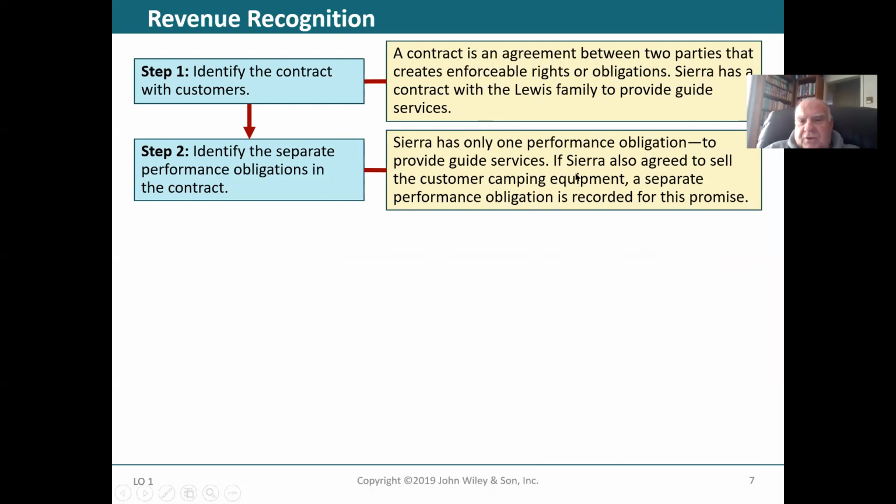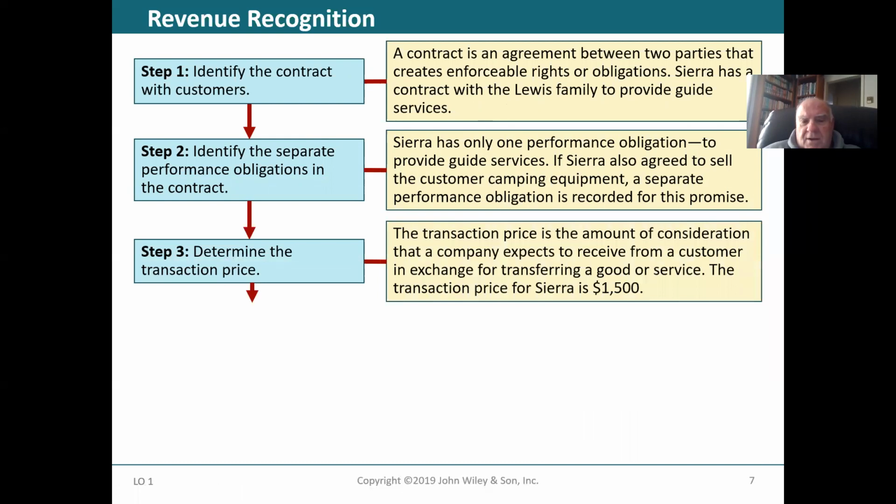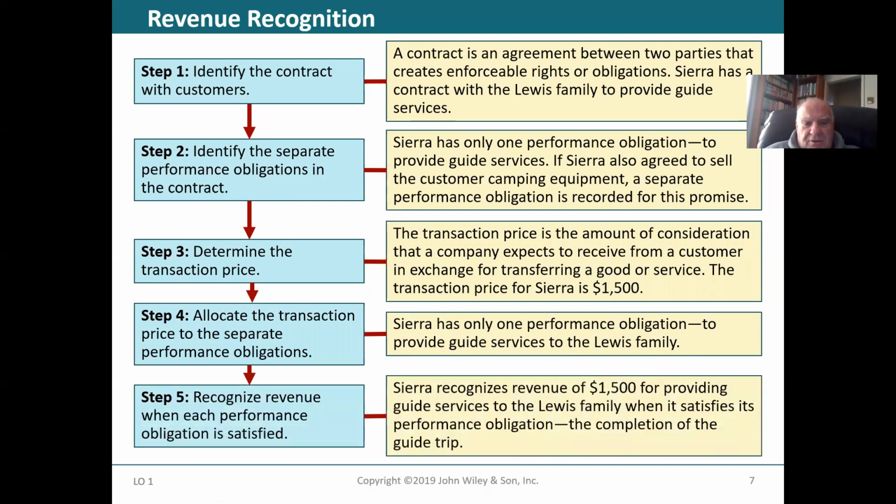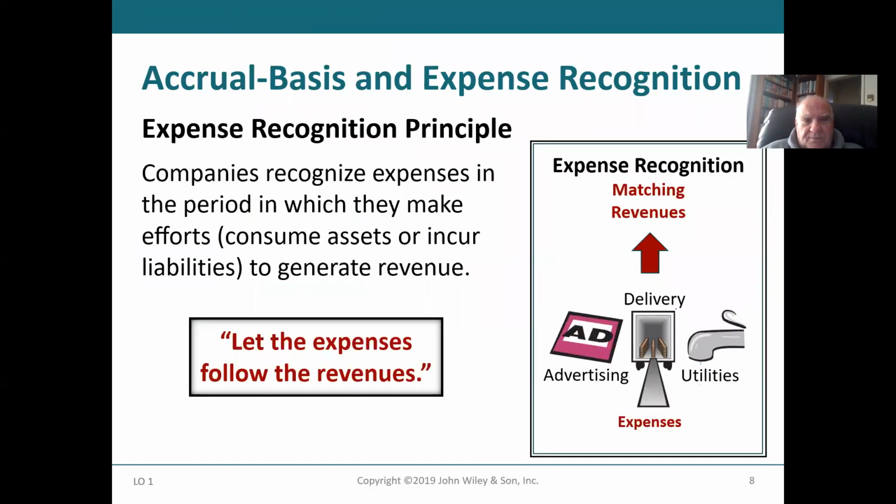Sierra has one obligation here. They're making this much too complicated, by the way. Sierra Lewis provides guide services. They will recognize the revenue when they provide the services, okay? They have just one obligation, provide guide services to the Lewis family. And now you recognize when they perform the service, all right? That is a key element of when you record your revenues.